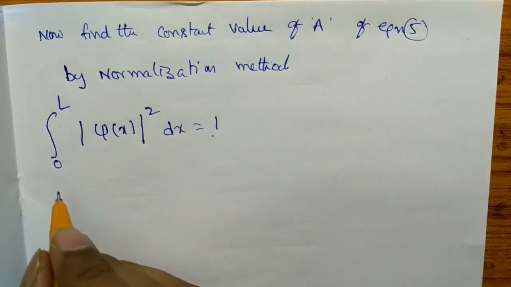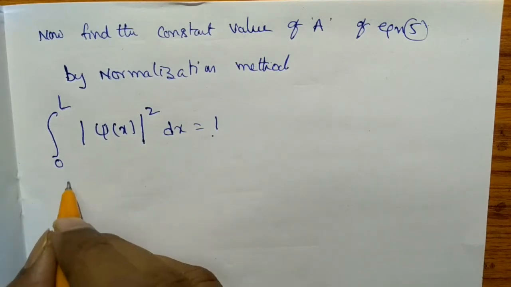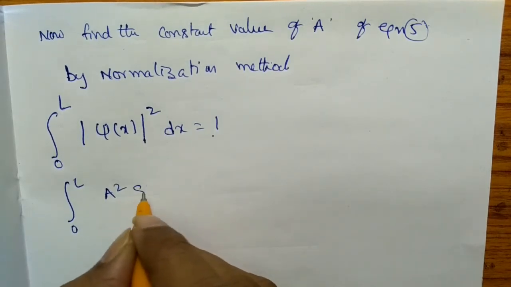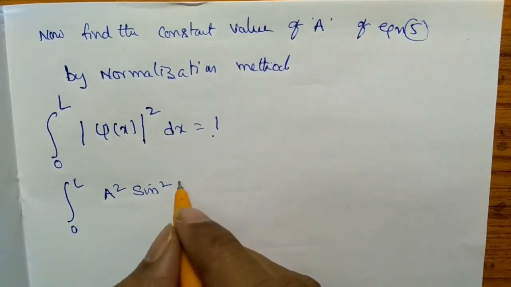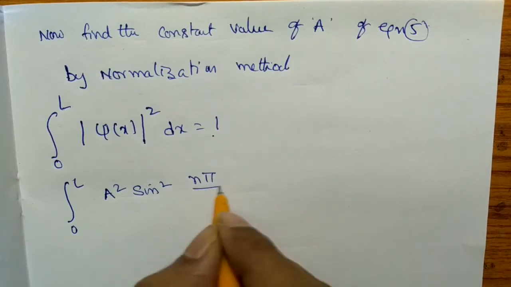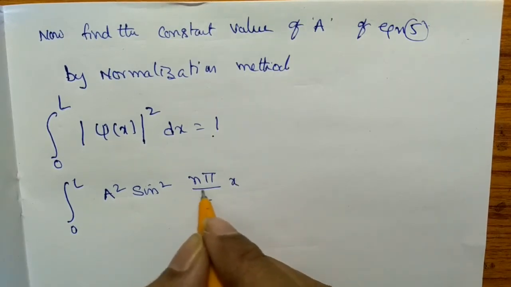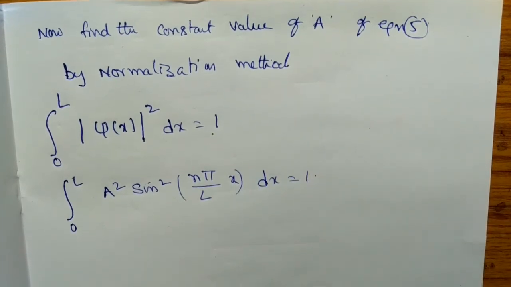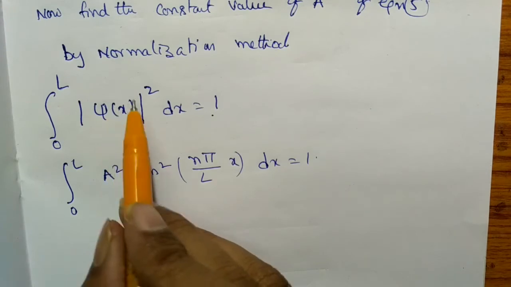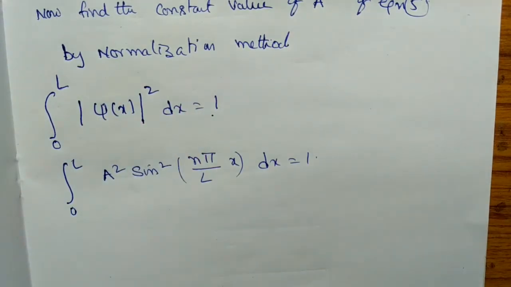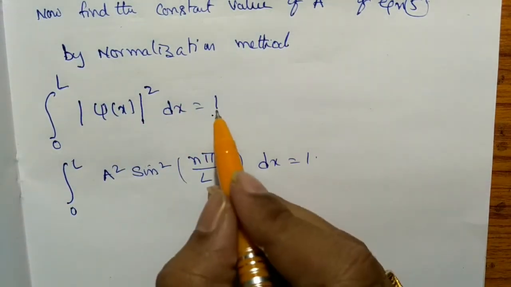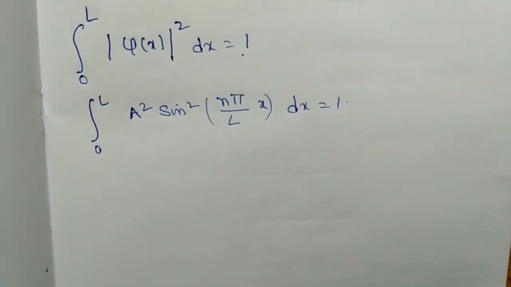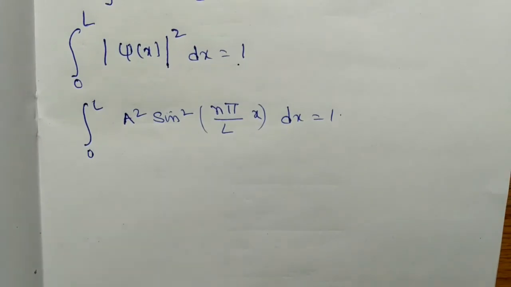Now simplify this equation. Put the psi of x value in this equation, we get A square sine square of n pi by L into x into dx is equal to 1. That means here the probability of finding an electron should be unity. We are assuming and believing that there is an electron.